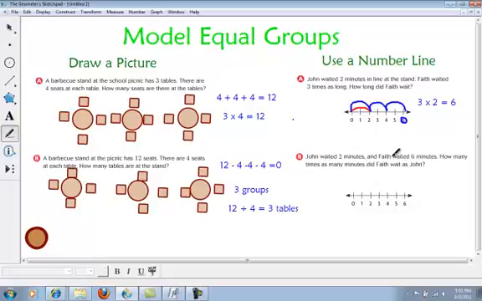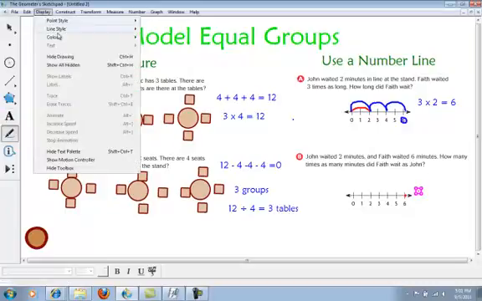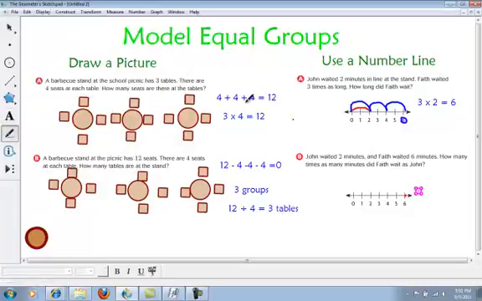Well, we know Faith waited 6 minutes. And if John waited 2 minutes, let's change our color to blue to represent this is the 2 minutes that John waited. Faith waited 6, so we need to jump in groups of 2.